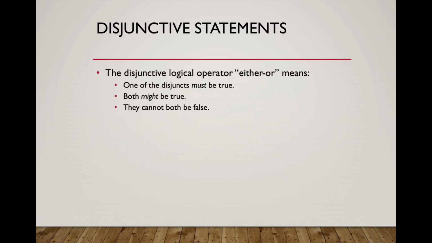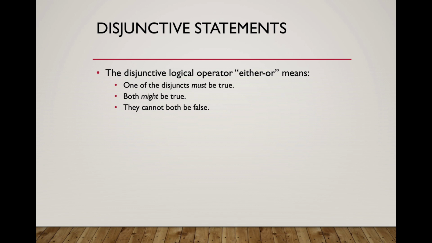So a disjunctive logical operator, either-or, means a particular thing. It's important to realize this: one of the disjuncts must be true. However, the way we interpret or reason about disjunctive statements is, even though one of them must be true, it's possible both might be true. In other words, of the two disjuncts, both cannot be false.